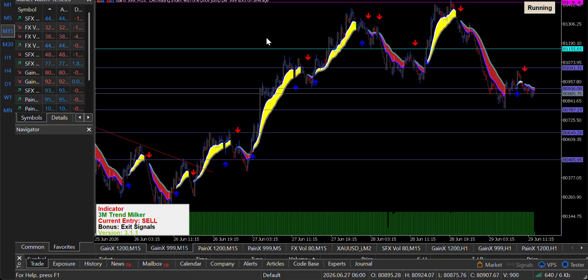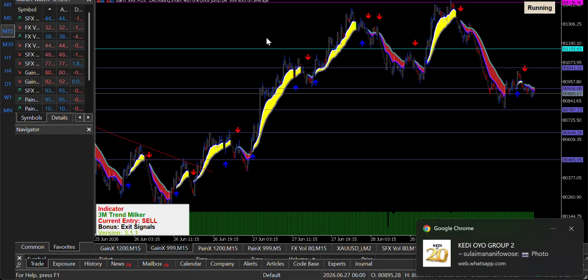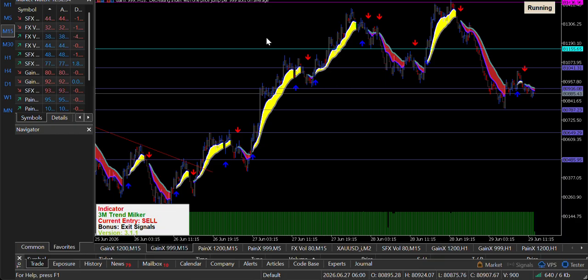Okay, so guys, let me give us a quick recap. Some of the things we need to understand is: one, identify the trend of the market; two, check if there is going to be a breakout. We should be able to identify breakouts, and we should know what to do with the breakout if it happens.